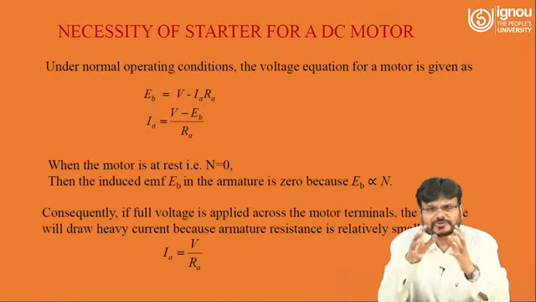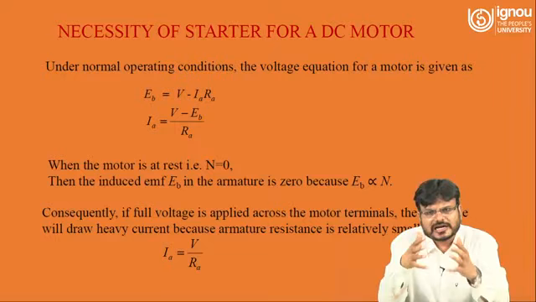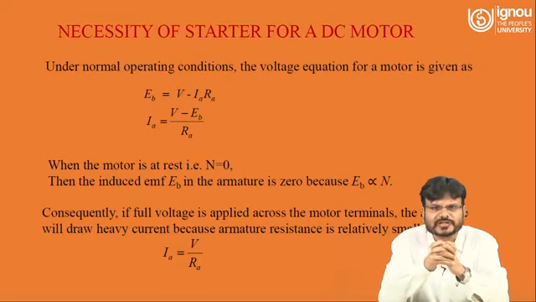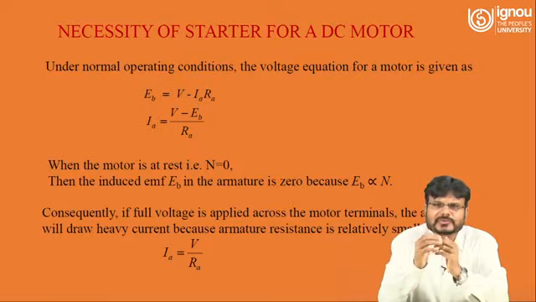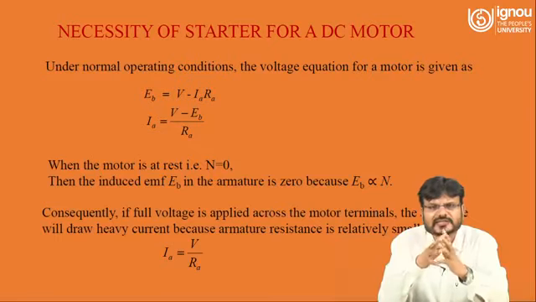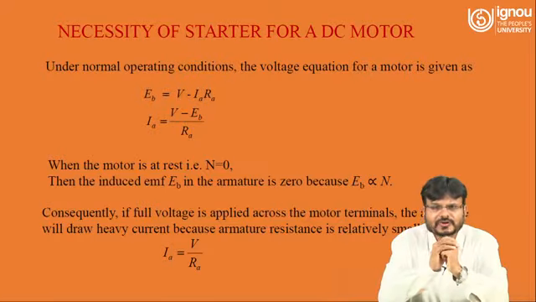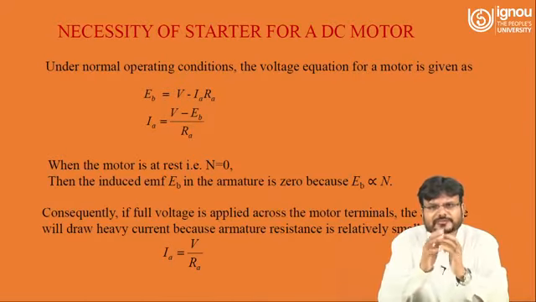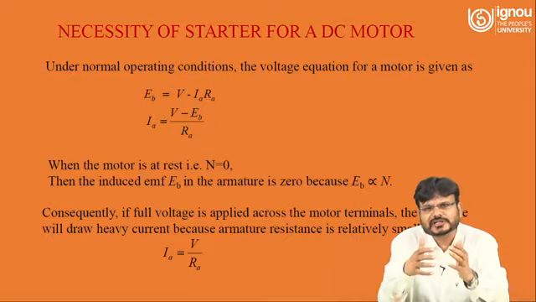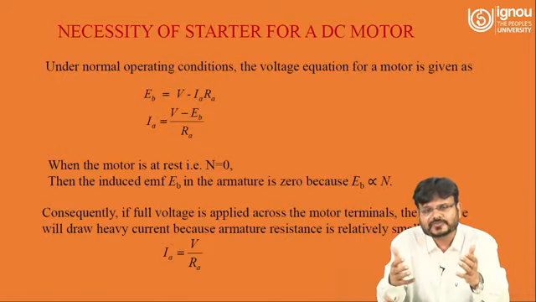So the back EMF generated in the armature is directly proportional to the speed of the motor. Suppose the motor is just about to start, or at rest. At that time what is the speed of the motor? The speed of the motor is equal to 0.